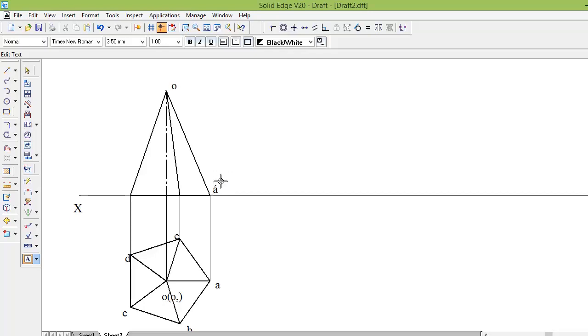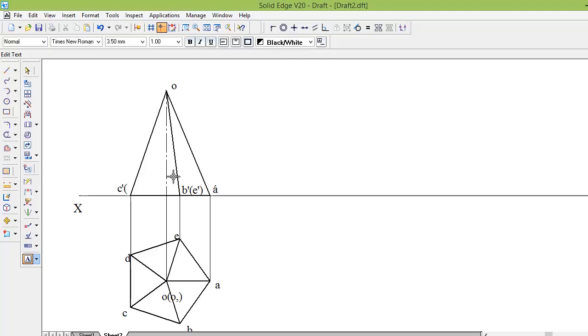This is A dash, B dash, in the bracket E dash. E is not visible here, that's why it is in the bracket here.